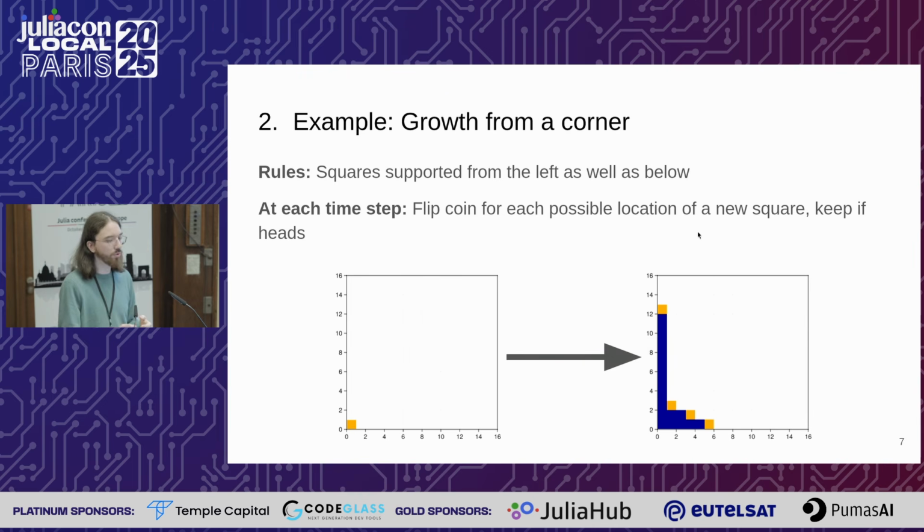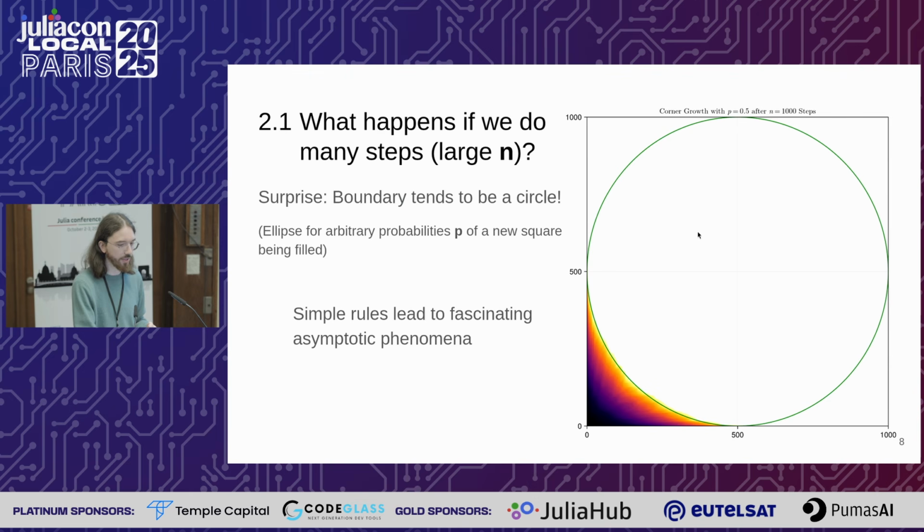These rules sound fairly simple, right? What happens if we do this many times? This is a really interesting fact: it turns out the boundary tends more and more towards a circle, and this is already quite interesting.